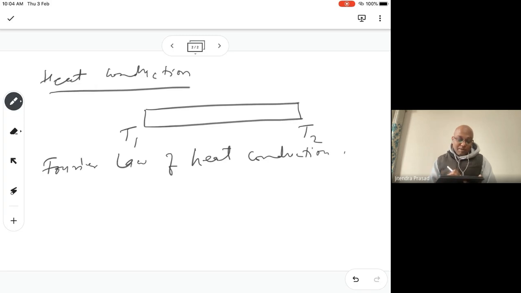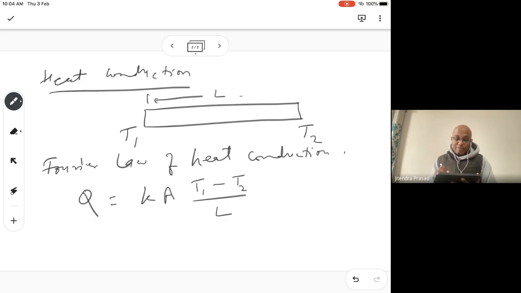You must have remembered Q is equal to K times A, T1 minus T2 over L, right? So this you may remember from your high school.